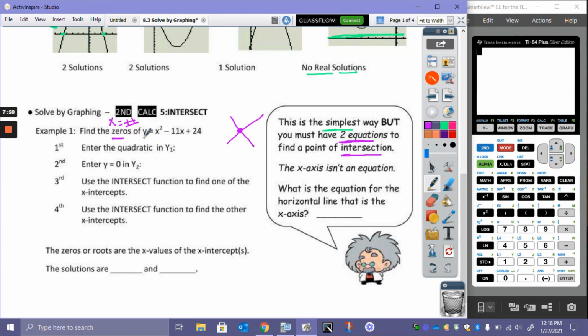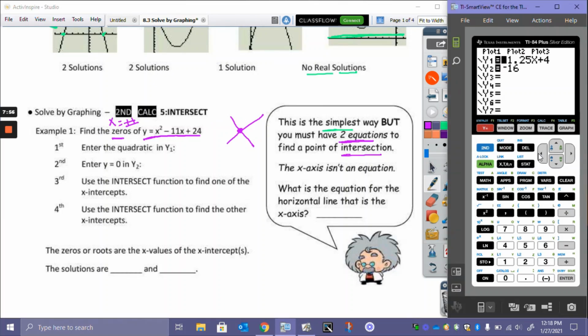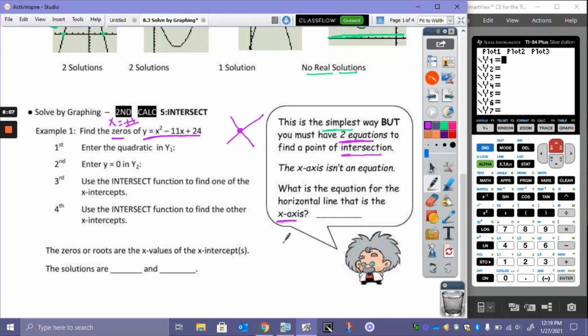So when it gives you the equation of what to find the zeros of, well, we've got to figure out something to type in for y sub 2, right? So what we're going to type in for y sub 2 is the equation for the horizontal line that is the x-axis, right? So it's literally asking us the equation for our x-axis.